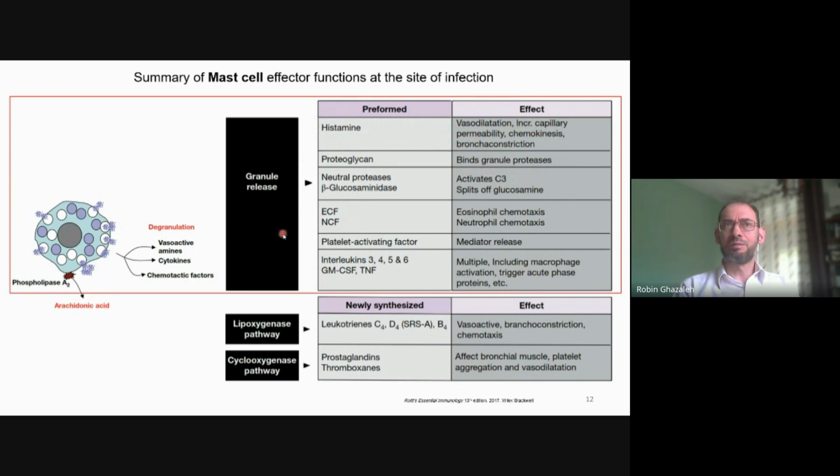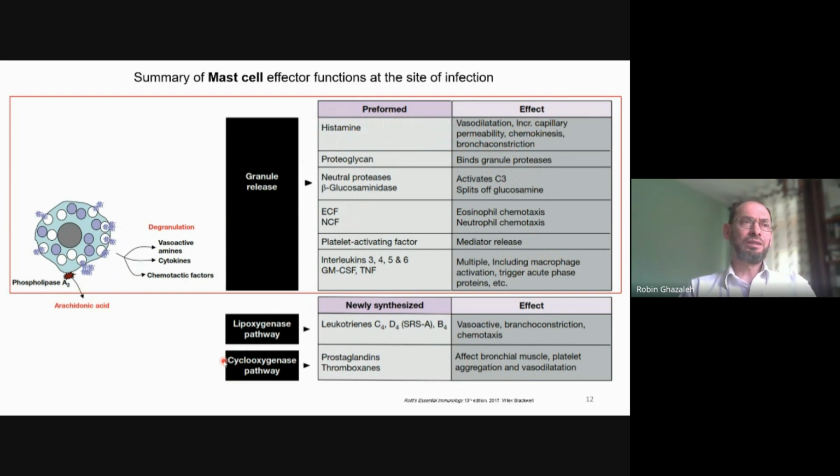Okay. Let's wrap up these granules and think a little bit about arachidonic acid. There are two pathways that are very fundamental in medicine: the lipoxygenase and the cyclooxygenase pathway. A large part of the drugs given for various medical conditions target these pathways. Non-steroidal anti-inflammatory drugs target these pathways, primarily this one.